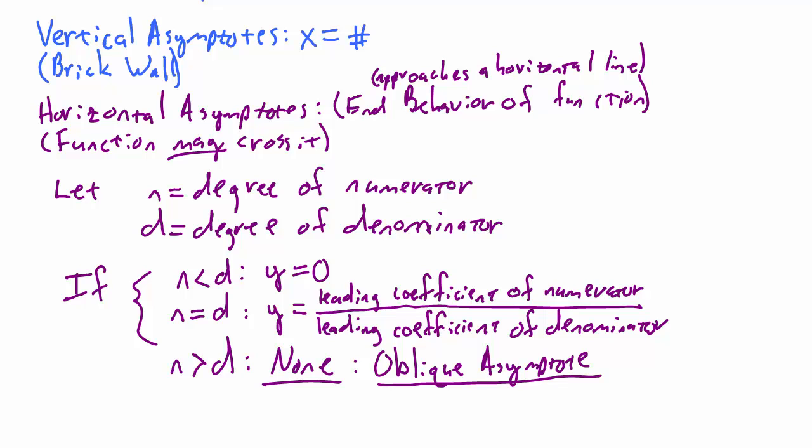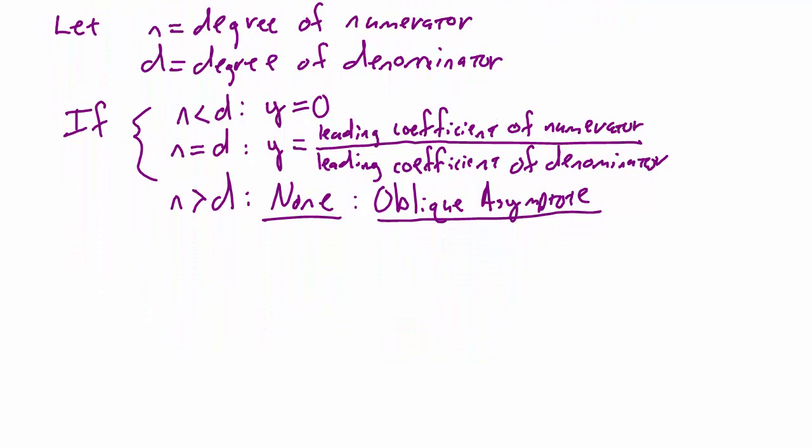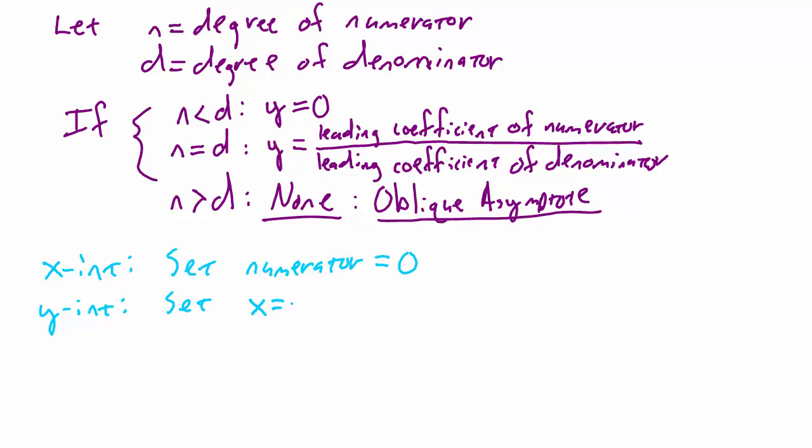The next thing we want to talk about is x-intercepts and y-intercepts for a function. Now, for an x-intercept, you're going to set the numerator equal to 0. For the y-intercept, set all the x's equal to 0.